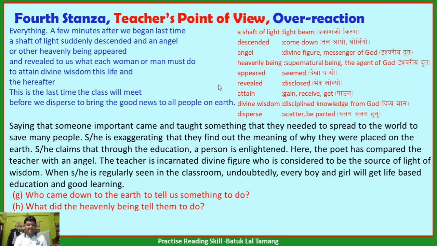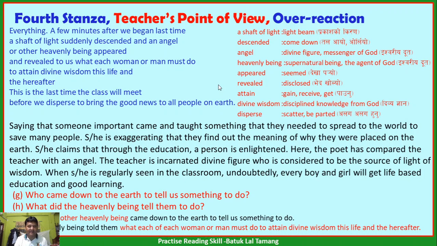Okay, questions. Who came down to the earth to tell us something to do? An angel or heavenly being. What did the heavenly being tell them to do? To get the divine wisdom. So these are the answers. The first question's answer is an angel or other heavenly being came down to the earth to tell us something to do.